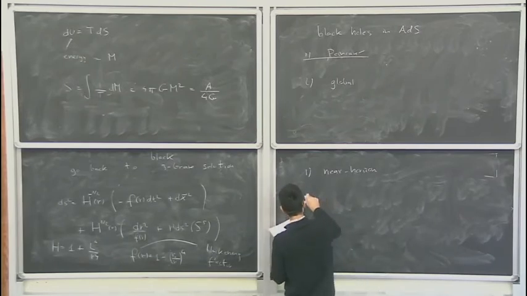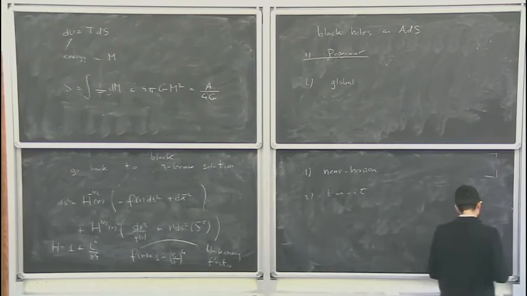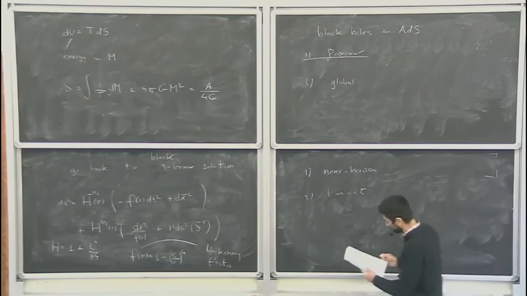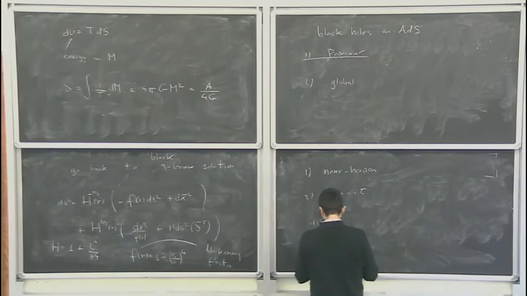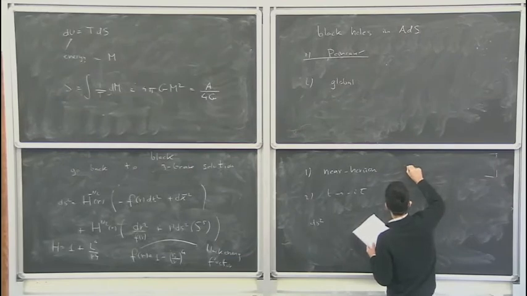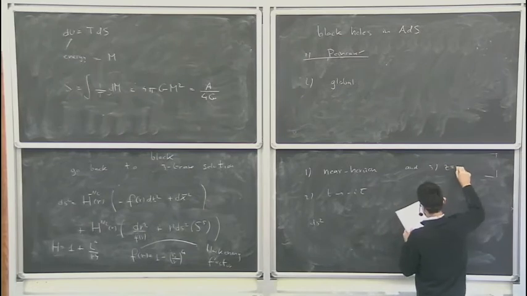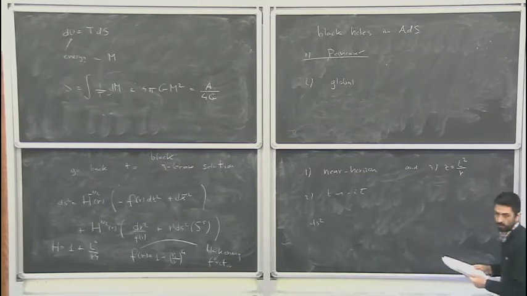And let's also do at once the Euclidean rotation. So if I do that, let me write the metric and keep it here. Let's also do something trivial, and also define z equal to L squared over r, so that we are back to our coordinates in which the boundary is at z equal to 0.